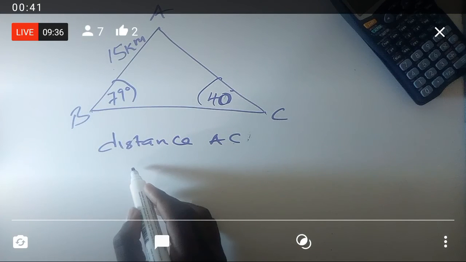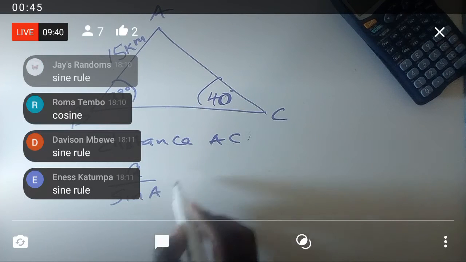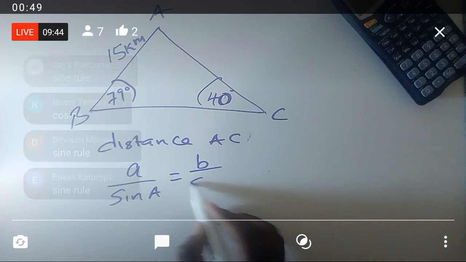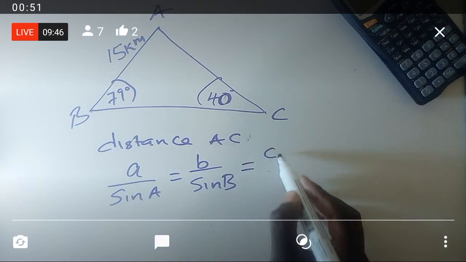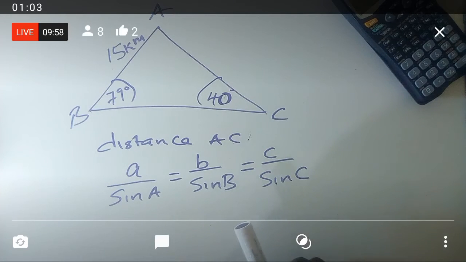So you have a over sine A is equal to b over sine B, which is equal to c over sine C. This is the formula we are supposed to use.